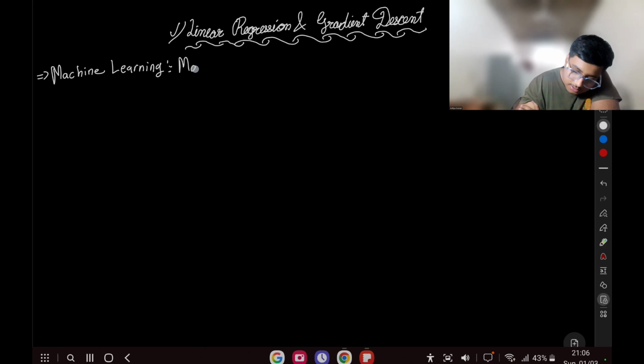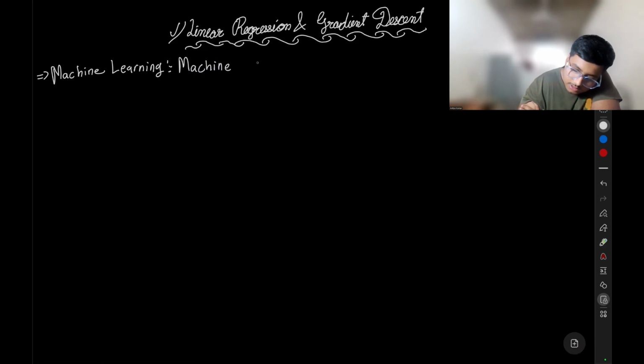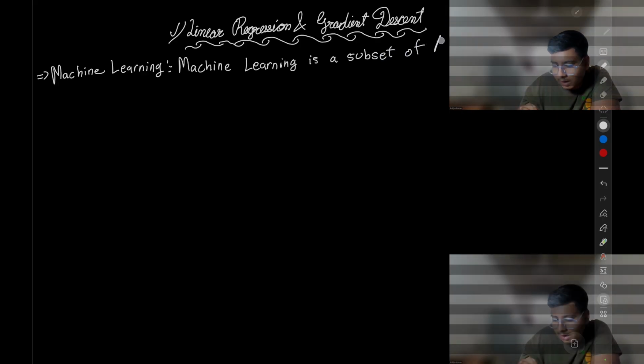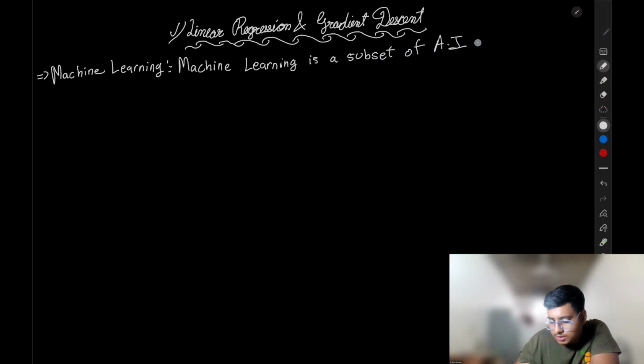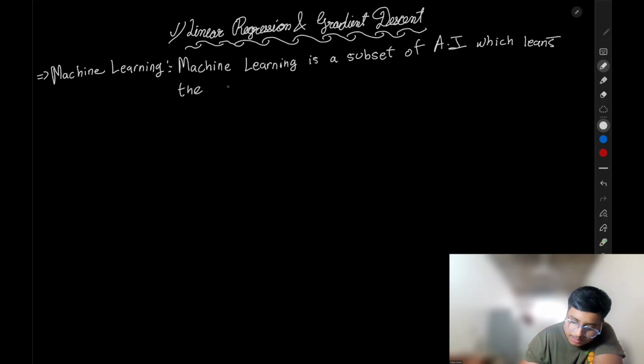Machine learning is a subset of artificial intelligence, here I am going to write AI, which learns the pattern from the data. Let's highlight the word data.